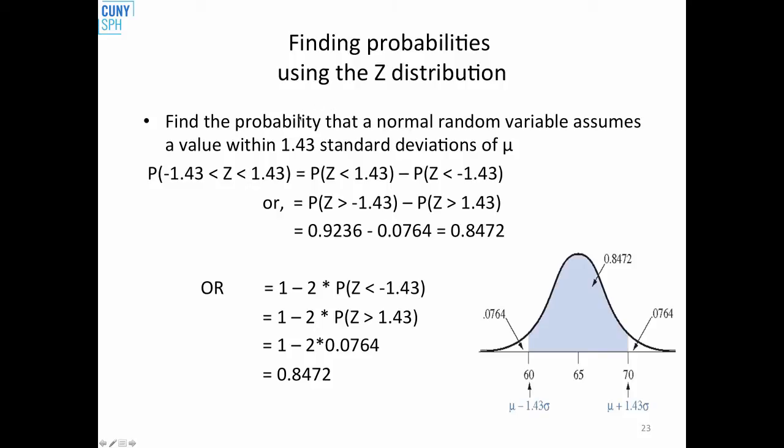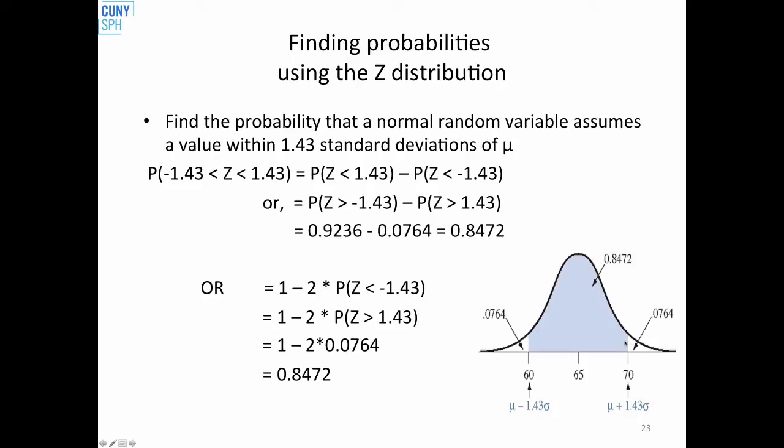Just to give another example of using the z-distribution, what is the probability that a normal random variable assumes a value within 1.43 standard deviations of mu? This is the value that we looked up in that table, 0.9236, but we don't want the entire left side of that. We only want this middle part.